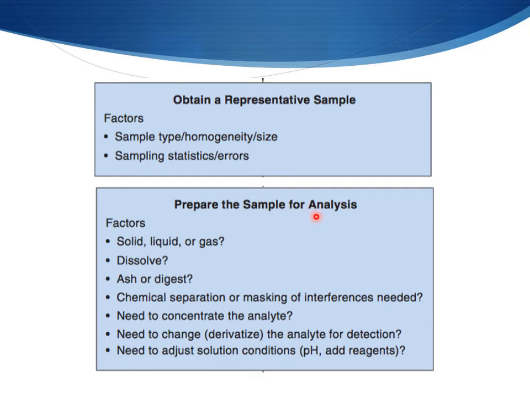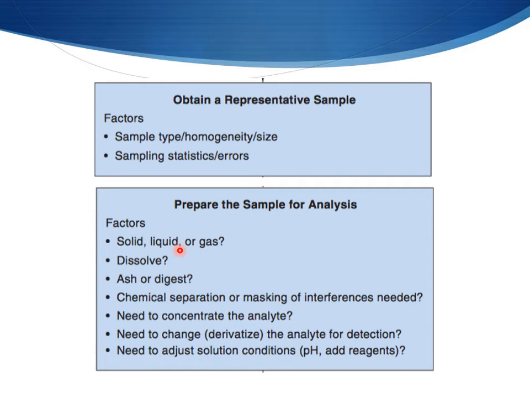Then prepare the sample for analysis. As I have already said, some instrumentation requires that the sample be present in a specific physical state. For example, in UV-visible spectroscopy, we can perform the analysis in the liquid state. So if we have a sample in solid state, then we first have to make its dilute solution, right?